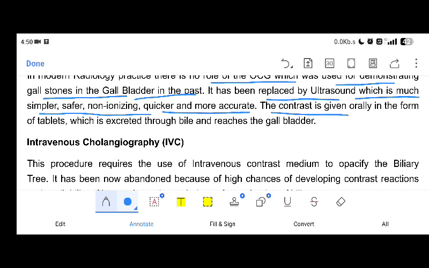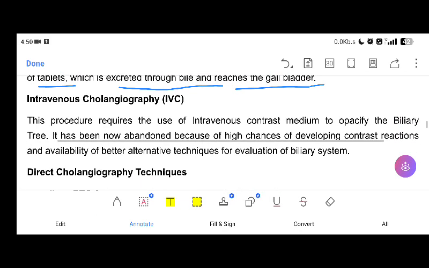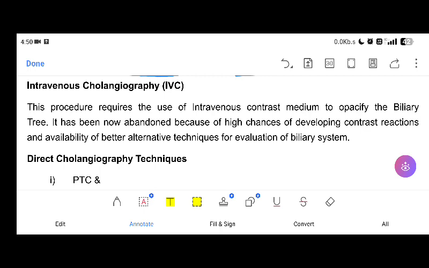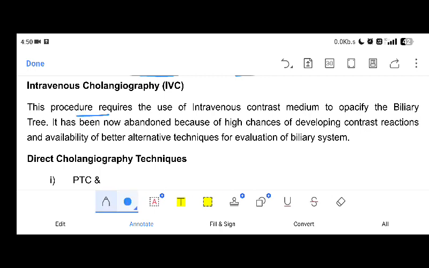The contrast is given orally in the form of tablets, which is excreted through the bile and reaches the gallbladder.